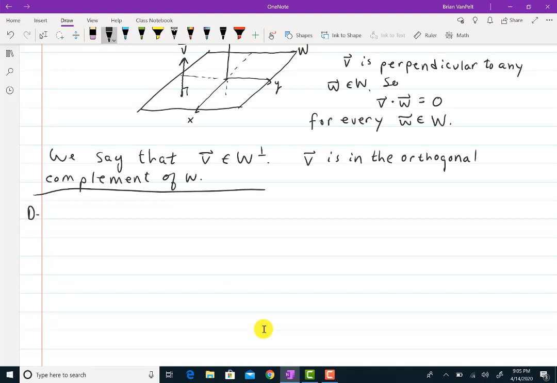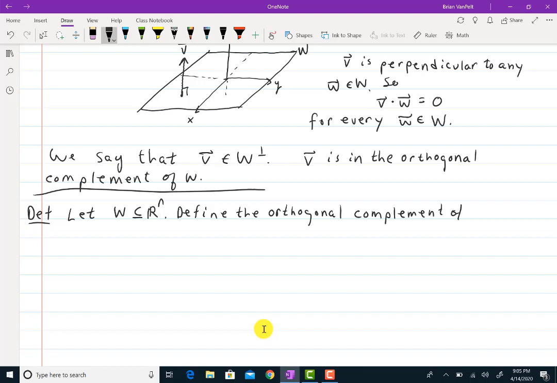This brings up a definition. Let W be a subset of Rn. Define the orthogonal complement of W to be W with this little perpendicular sign.